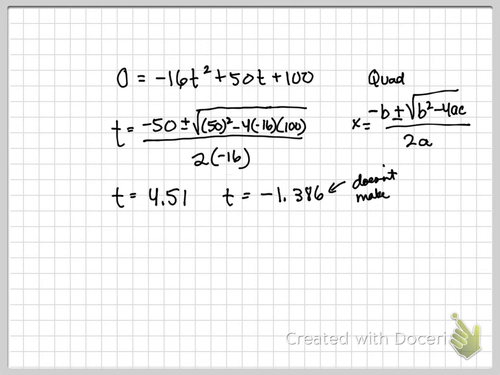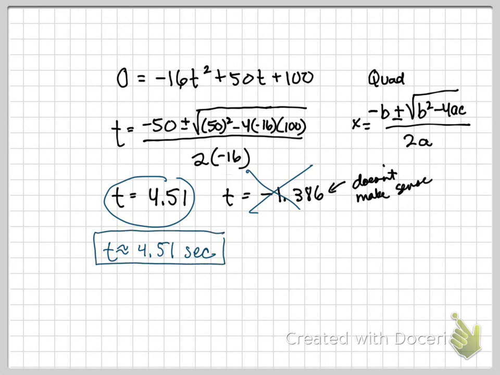Okay, so we can't have negative time. So we're going to disregard this guy, but we're going to accept this one. So the time it hits the ground is approximately 4.51, and we're in seconds, because remember, it was given in feet per second squared.